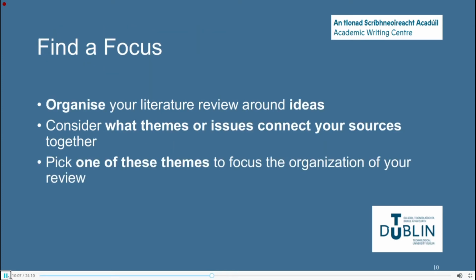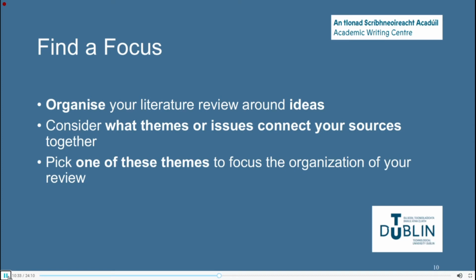It is also essential to find a focus when researching and writing your literature review. Organize your literature review around ideas or issues, not just sources themselves. Do not simply list your sources. Consider instead what themes or issues connect your sources together. Do they present one or different solutions?